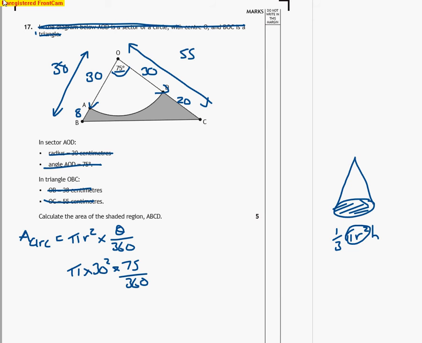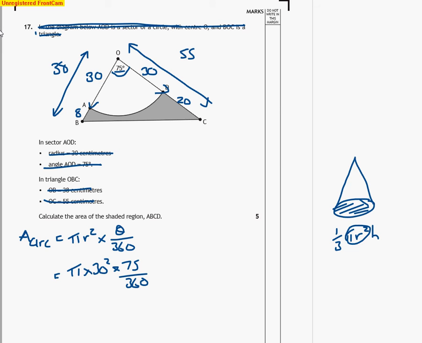If it was a full circle, we would just not have this second part of the equation, so this part here we wouldn't even use. If that was the area of a circle with radius 30, that's the equation. But we want to know a portion of the circle, 75 degrees of the 360. So that's what's going on there.